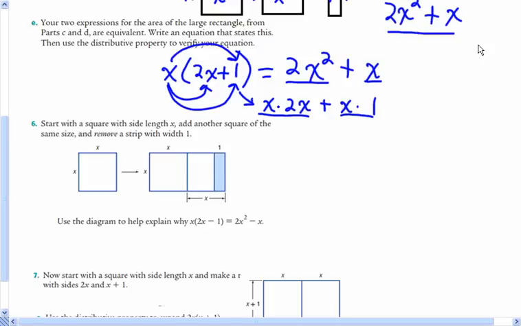Okay, so if we think about this first rectangle right here, the whole thing, the height is x, and the width is 2x.